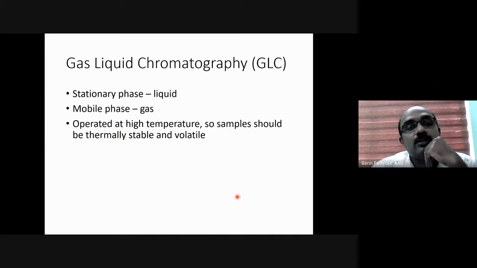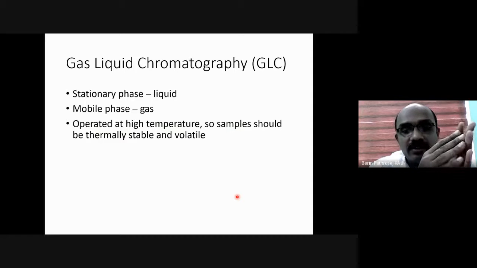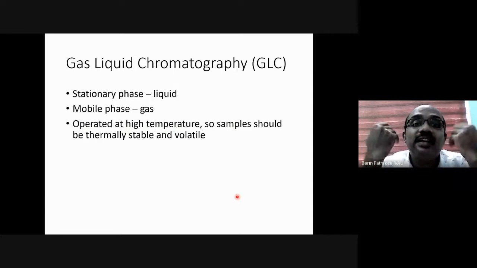We will first discuss gas liquid chromatography. In gas liquid chromatography, as the name indicates, the mobile phase is a gas, while the stationary phase is a liquid. Another characteristic of this equipment is that we heat up the compound.